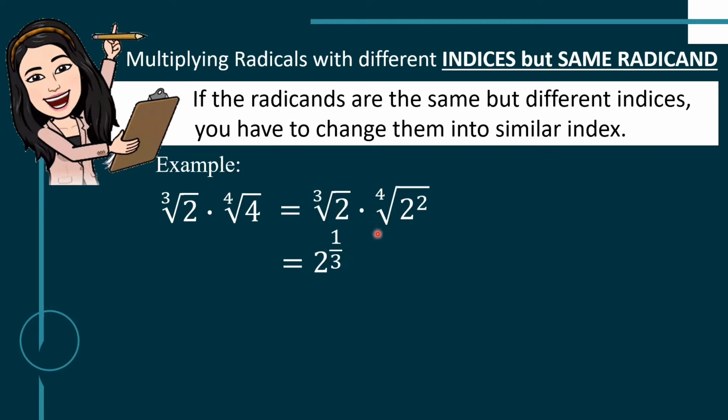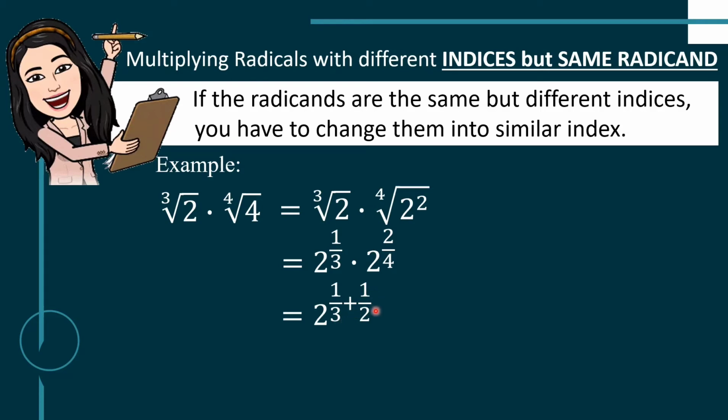Then, ito naman ay magiging multiplied by 2 raised to 2/4. 2 ang exponent, so ito yung ating numerator, and then yung index natin ay 4. Nakuha? Since we are multiplying with the same base, applying the laws of exponents, copy the base, and then add the exponents. So, that will be equal to 1/3 plus 1/2.